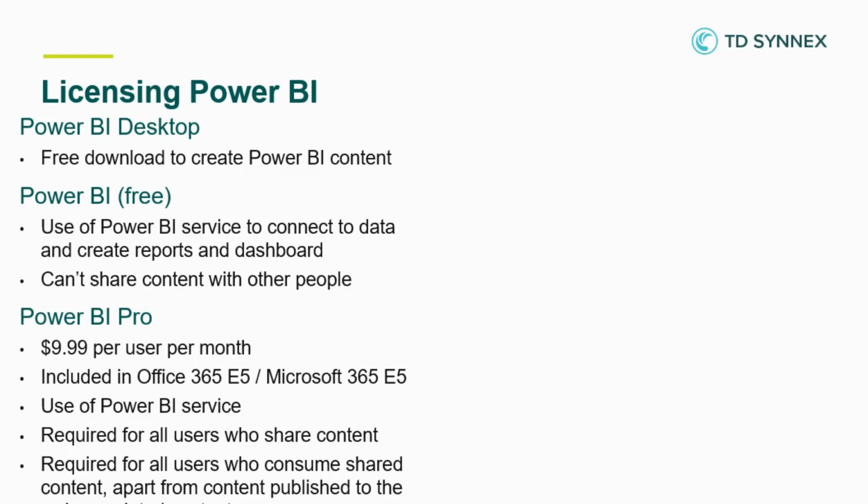The exception being for shared content that has been published to the web or is printed content. And in that case, a license is not required. So just to highlight the key thing I've said there, a license is needed to share and consume shared Power BI content. And that main license that's needed is the Power BI Pro license. However, there are other options available which will be covered in a separate module.